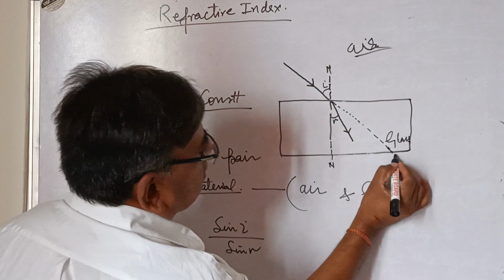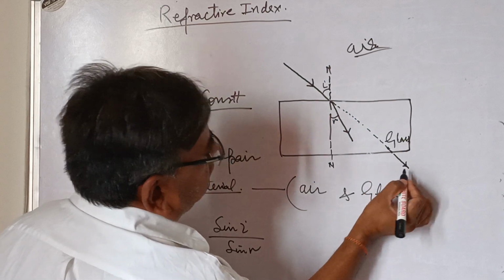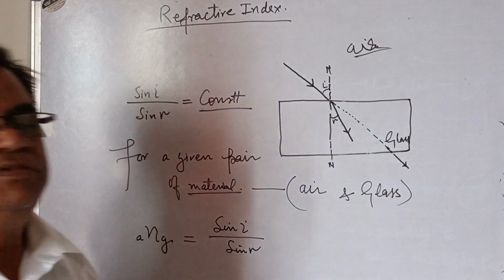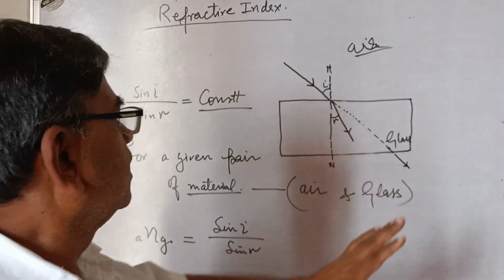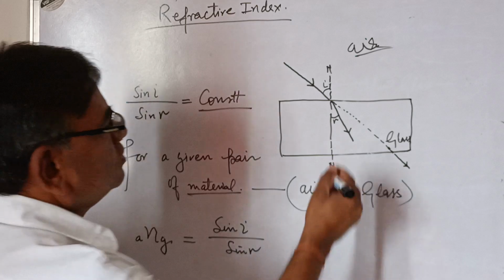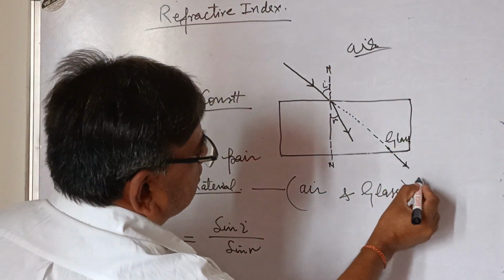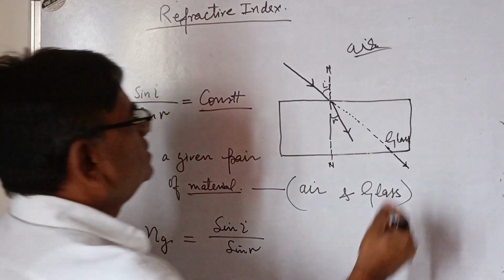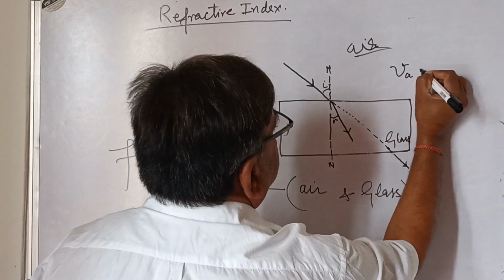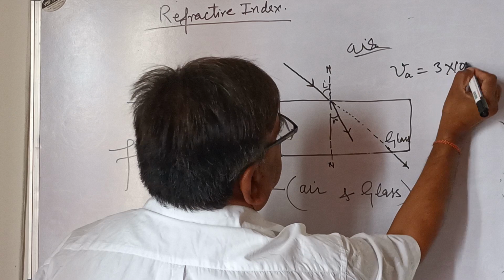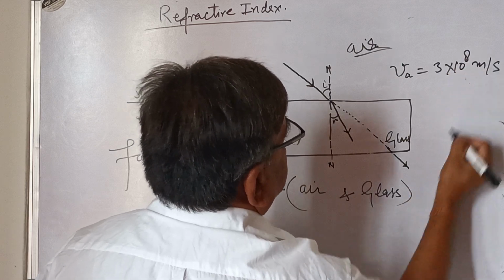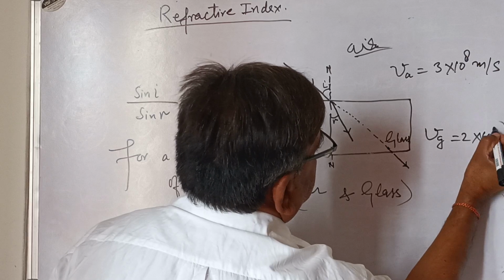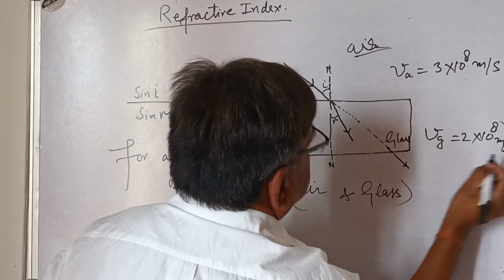If there had been no deviation, it would follow this longer path. Now the speed of light in air, V air, is 3 into 10 to the power 8 meter per second. In glass, Vg, it is 2 into 10 to the power 8 meter per second.